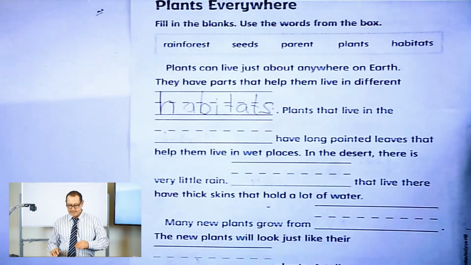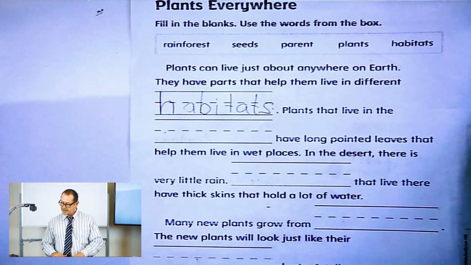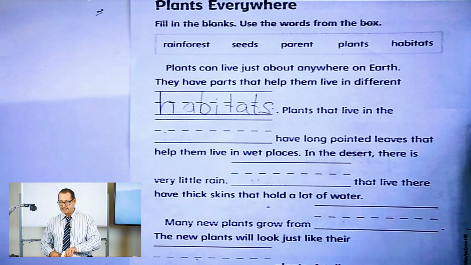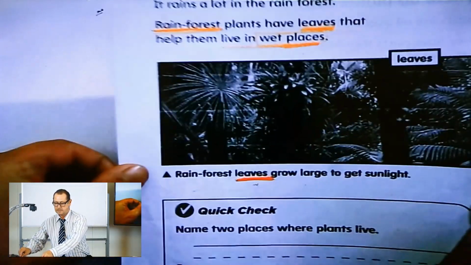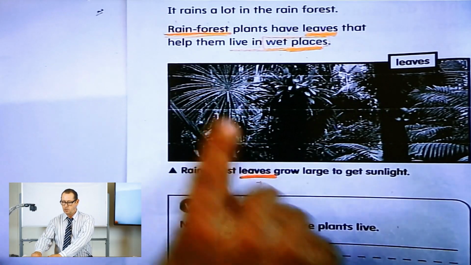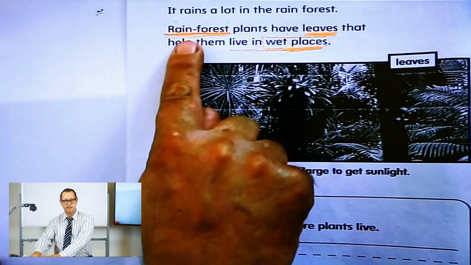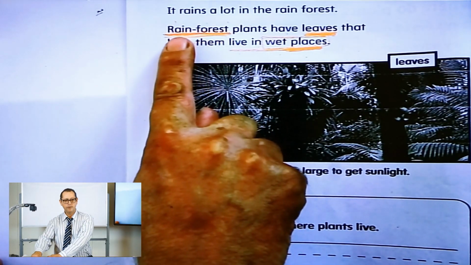Okay, the next one, these plants have long pointed leaves. Okay, what kind of plant is this? Rainforest.